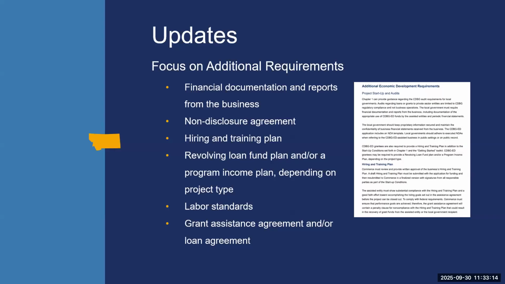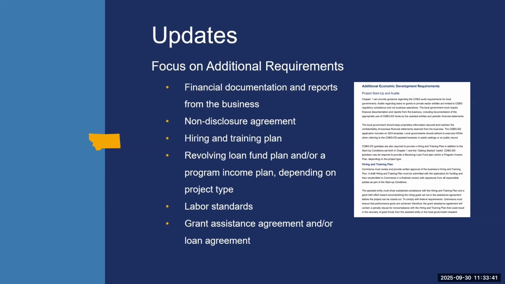Instead, pages 2 through 5 of chapter 8 focus on additional economic development requirements. So this chapter is really building on the rest of the guidelines and administration manual, not replacing it. If you have an economic development grant, you should still familiarize yourself with those other relevant chapters. This just includes the additional information for economic development.